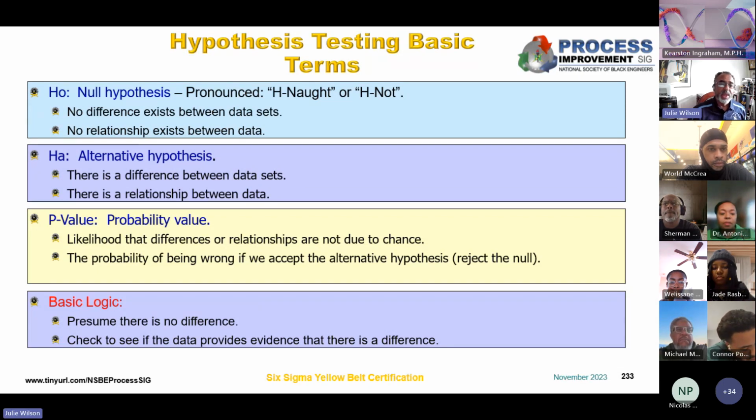So here we go. The null hypothesis, or what they call H0 or H naught, says that no difference exists between data sets, or that no relationship exists between the data. So the null hypothesis says that all things are equal. It says that the waste in June, July, and August is not dependent on temperature and humidity.